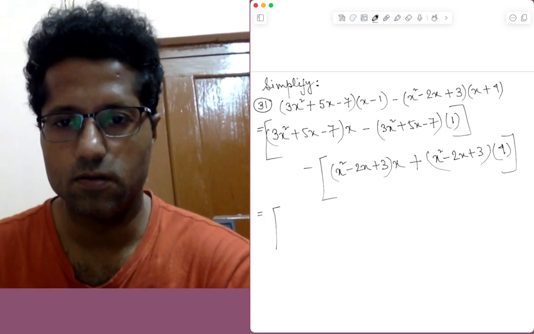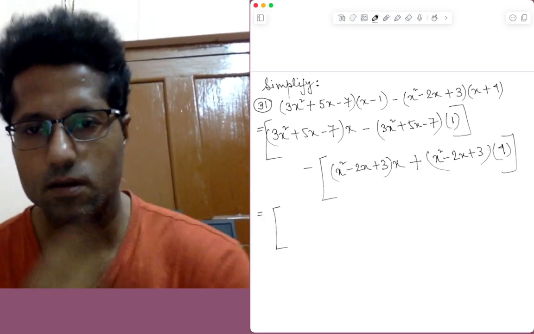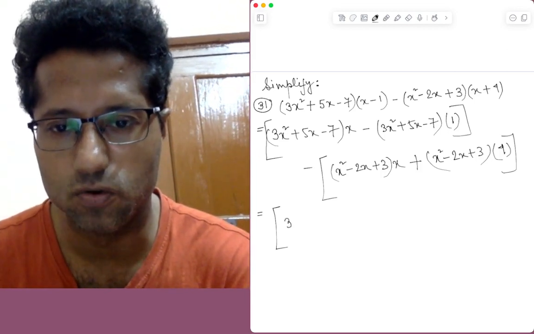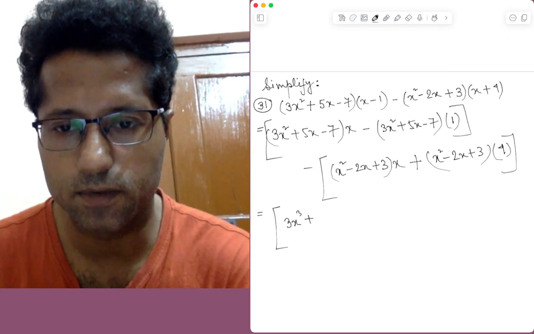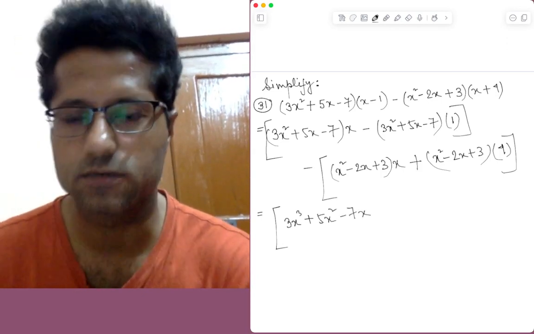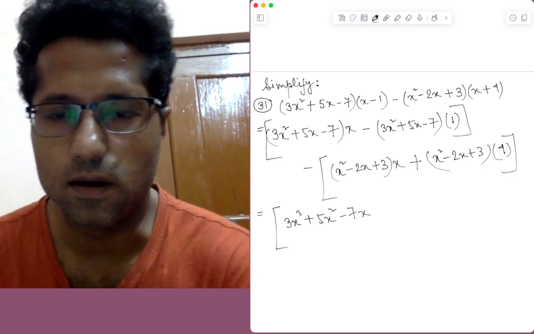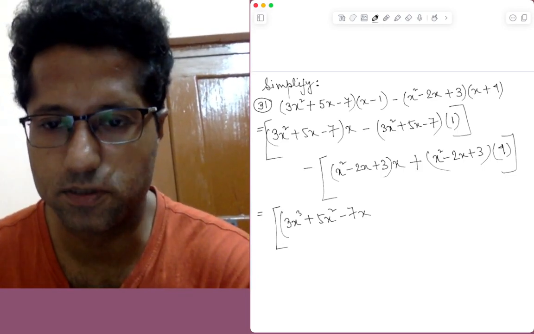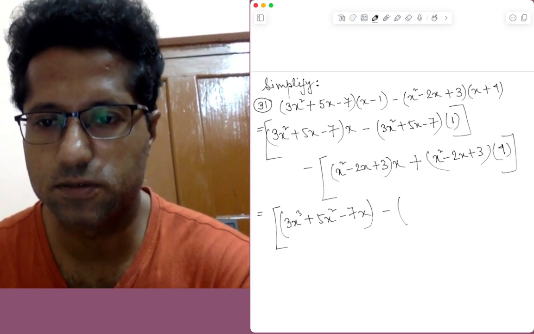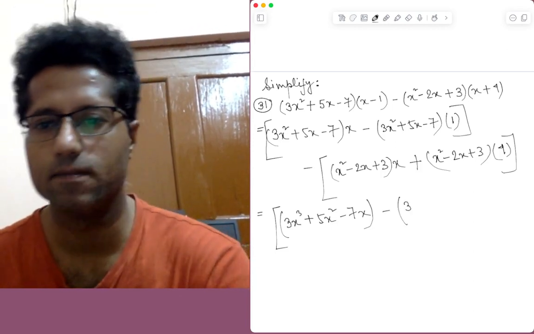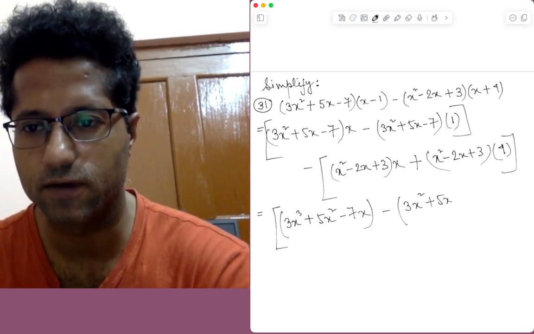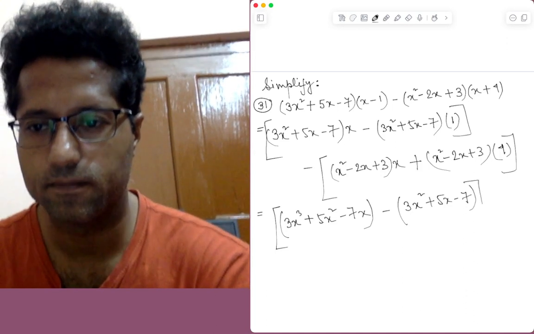Okay, so now if we do the products, we have 3x cube plus 5x square minus 7x, and let's keep it in a grouping symbol for better readability. And this one stays the same because we are multiplying by 1.